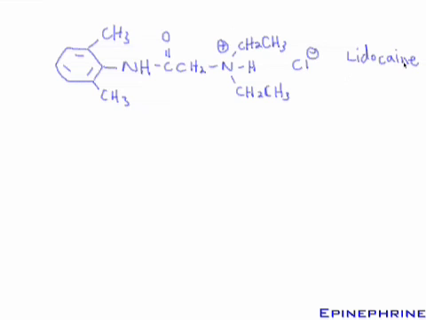But all these local anesthetics have a side effect, an undesirable side effect. They can cause a drop in heart rate and blood pressure. And to compensate for this, a molecule known as epinephrine is added in trace amounts. So they actually inject adrenaline with the lidocaine to increase the action of the heart and compensate for the drop in blood pressure.